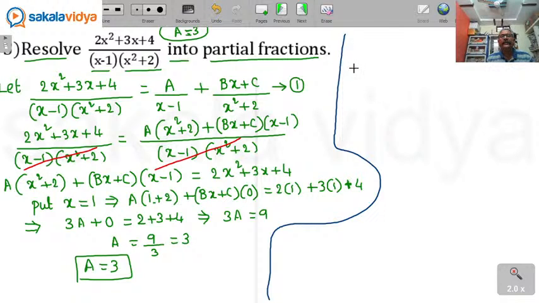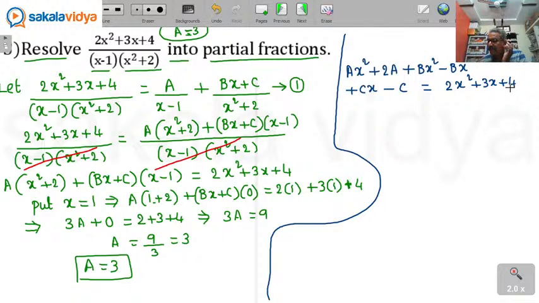How could you simplify? Ax square plus 2a plus bx into x plus bx square minus bx plus cx minus c equals 2x square plus 3x plus 4.